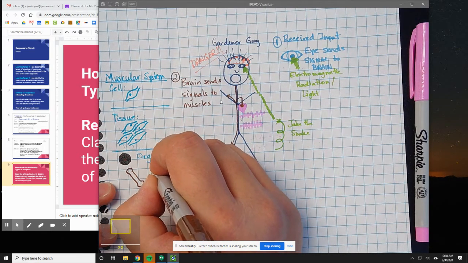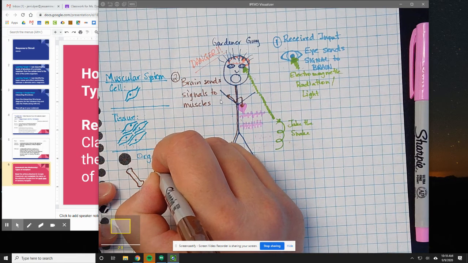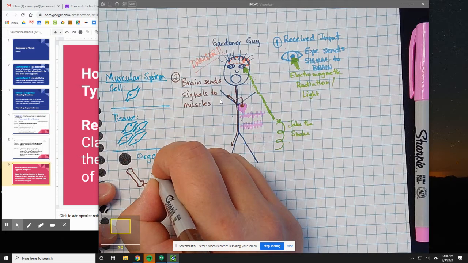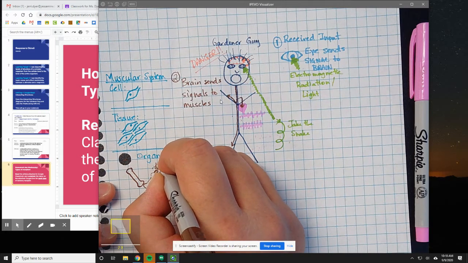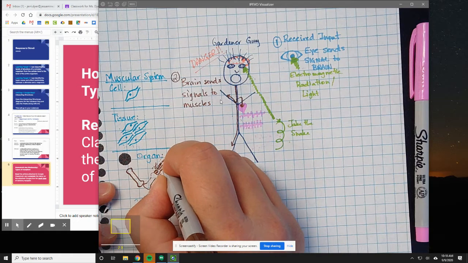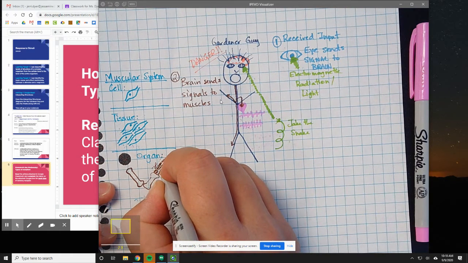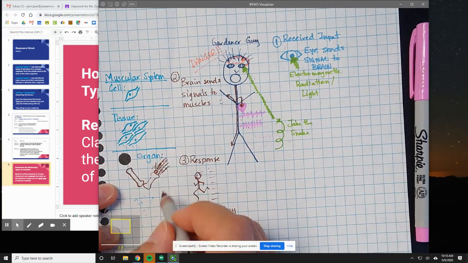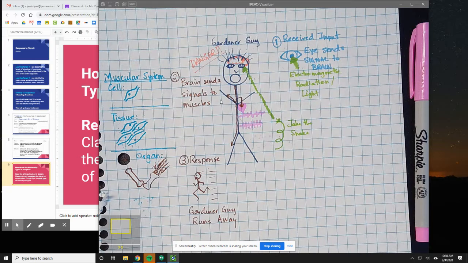And there's a thumb. It's not exactly accurate for a hand, but that works. There's your second finger and third finger and pinky. Okay, so we've got our hand, got a couple of bones in there.